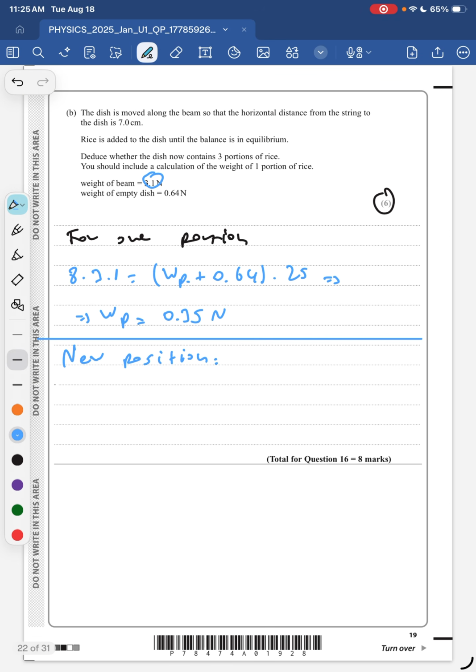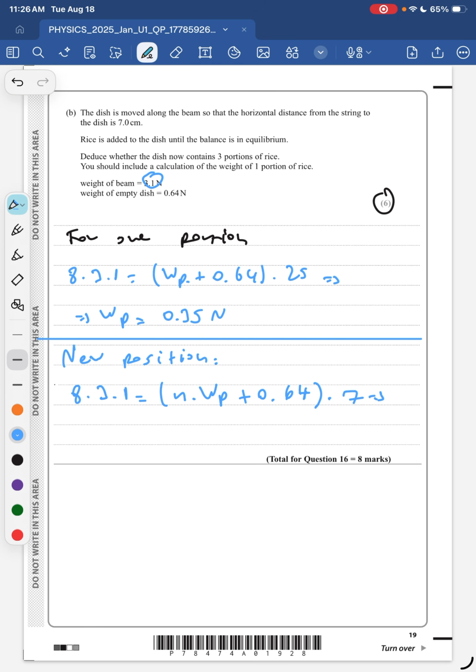So we have 8 centimeters times the weight of the beam, which is 3.1, equal to some constant n, let's say, times the weight of 1 portion plus 0.64, which is the weight of the empty dish, times the new distance, which is 7.